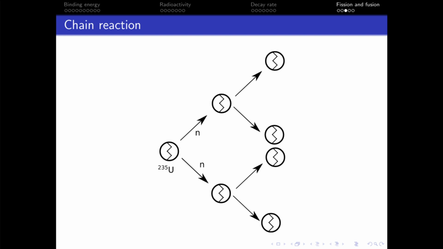So what you have, if you consider a first nucleus of uranium 235, this is a type of nucleus that whenever it catches a neutron, it becomes unstable and then breaks down into smaller nuclei.